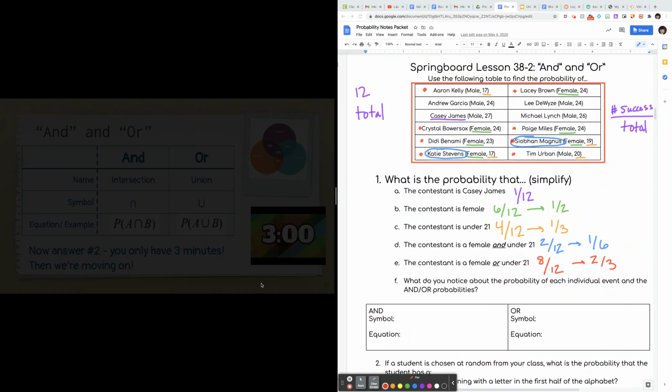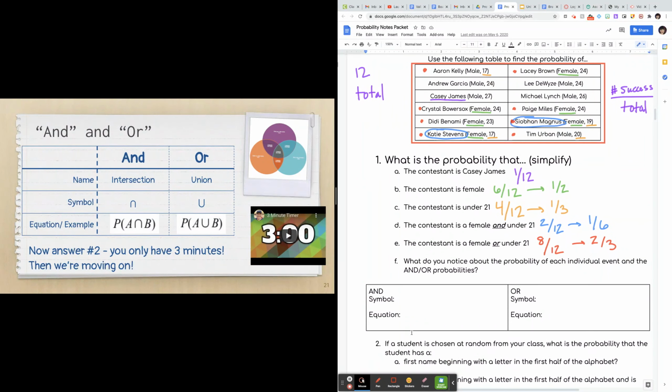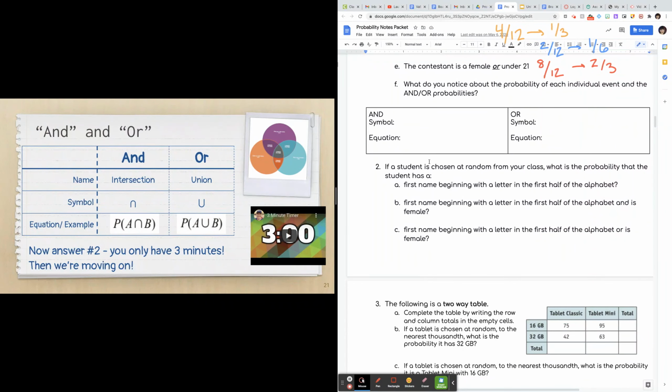Okay, so I want to tell you a little bit about my symbols here, right? So what these probabilities' names are, what their symbols are, and how we would actually write them. So you can see it there on the left side of your screen, okay?